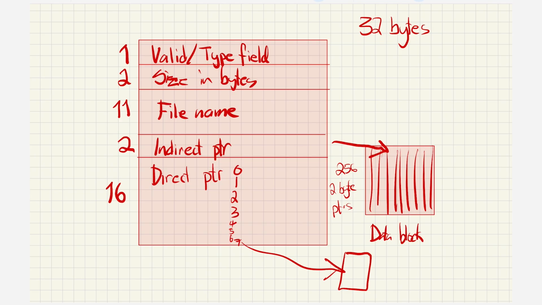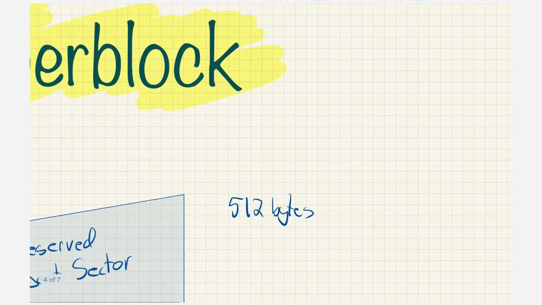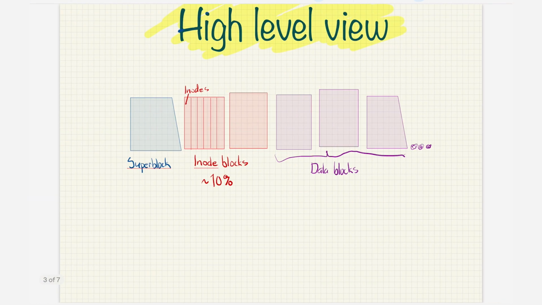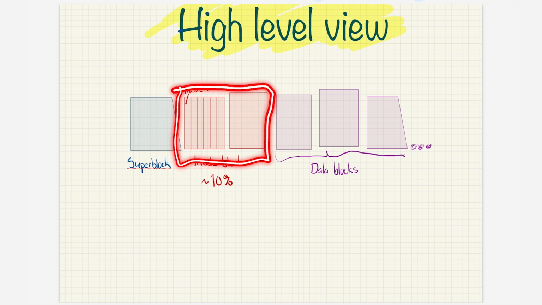All right, so this might be quite a lot, but if we were to repeat some of that, so the high-level view, everything is divided either in the superblock, and there's one of those, and then 10% of the disk are inode blocks containing the inodes, one per file or directory.